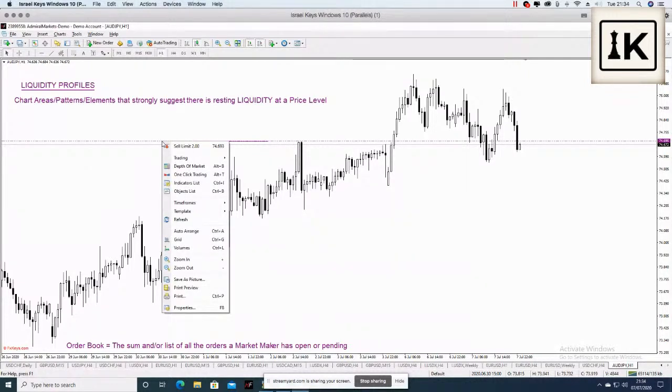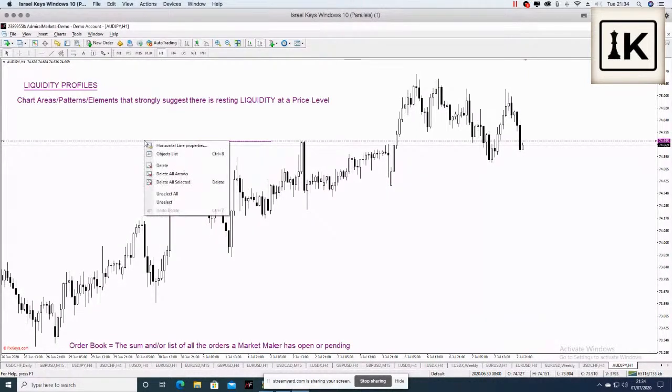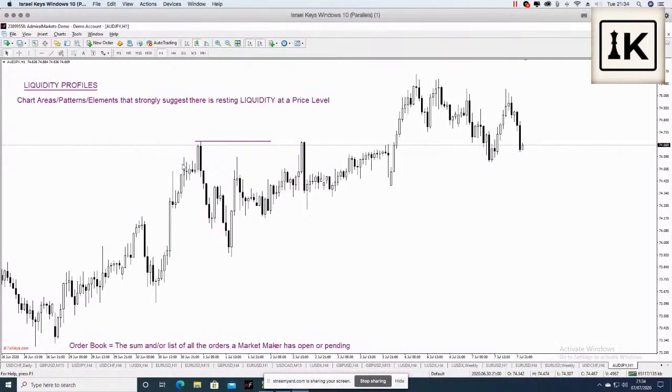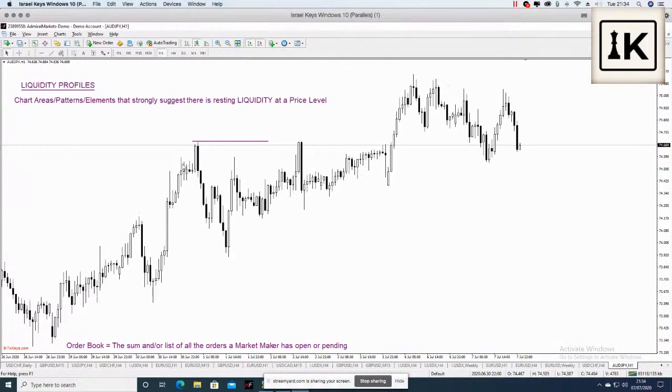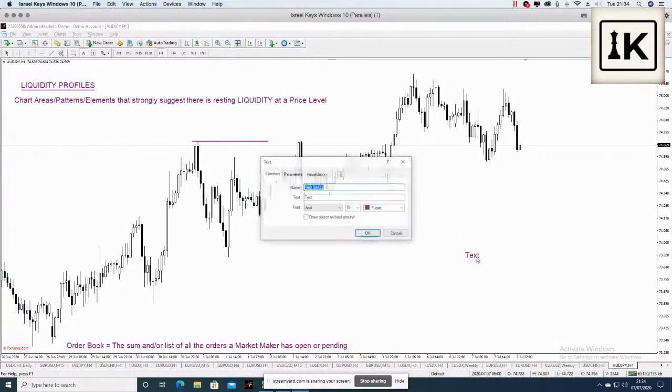Now, how do you spot liquidity on a chart? Well, the first thing you know is liquidity causes price to change direction. So let's write that down. Signs of liquidity.